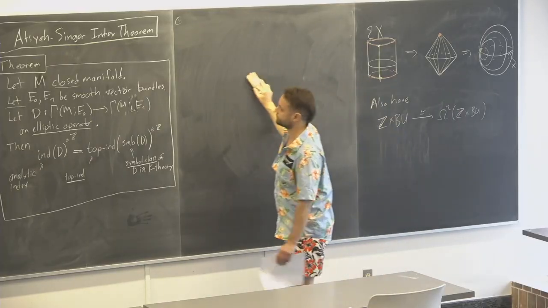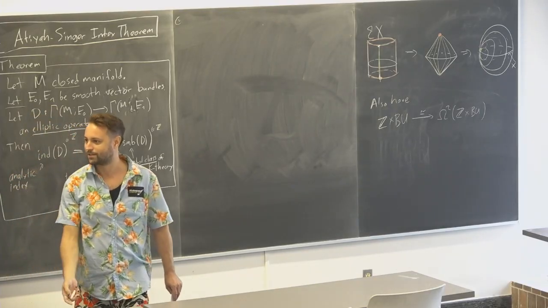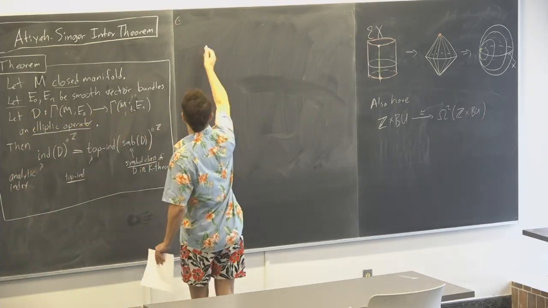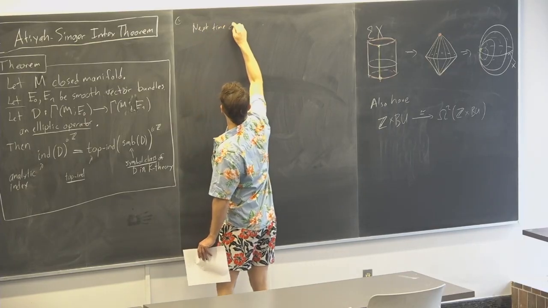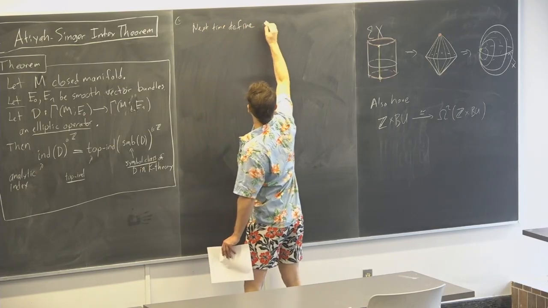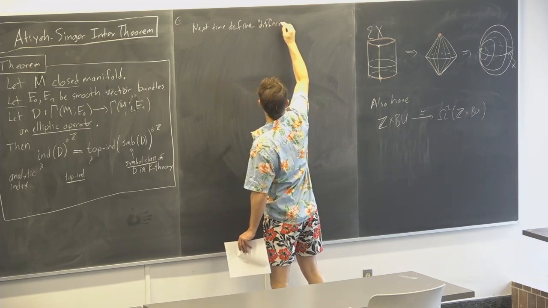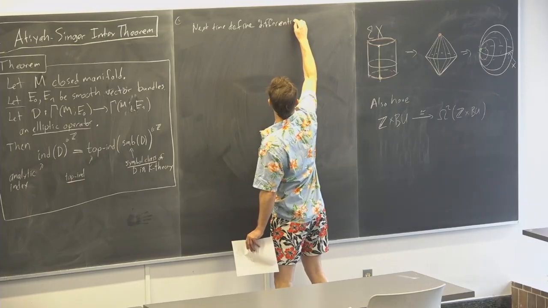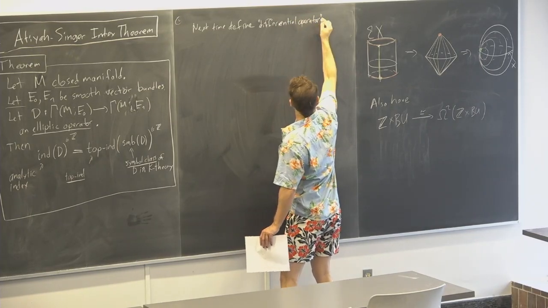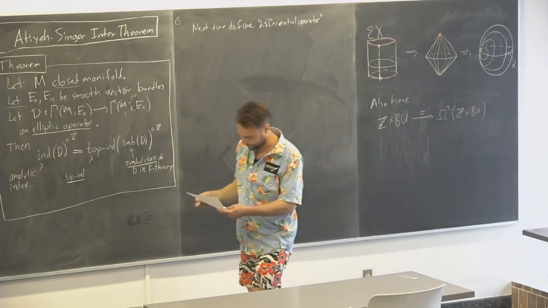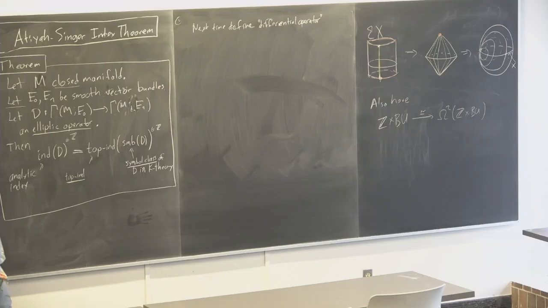So I'm not going to define a differential operator on a manifold. I'm not sure if you are going to get to that next. Yeah, okay. So I'm going to say next time, I'm going to define a differential operator. I can at least give a hint about where it lives.